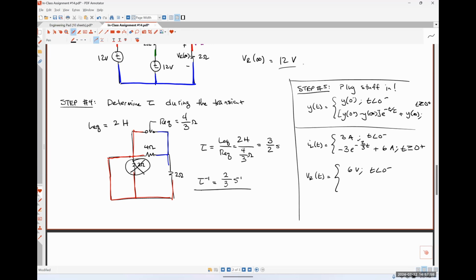Looks like 12. So 8 minus 12 is -4. E to the minus 2/3 T plus 12 volts for T is greater than or equal to 0 plus. So this process for determining the total response of a circuit is extremely similar to what we were doing on Wednesday.